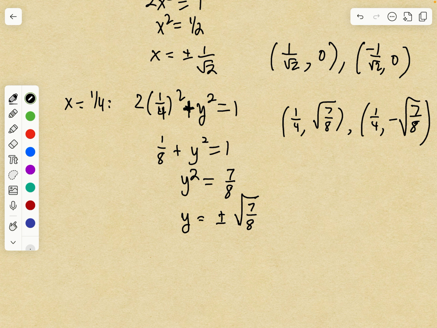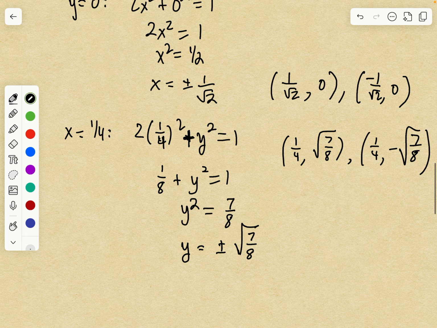So these are the four possibilities for where the max and mins are. The maximum occurs at one of these 4 points, and the minimum occurs at one of these 4 points. So what do we do to find which one gives you the maximum and minimum?